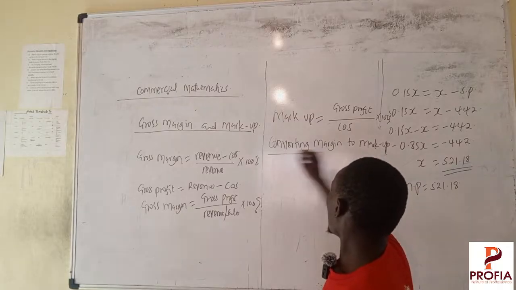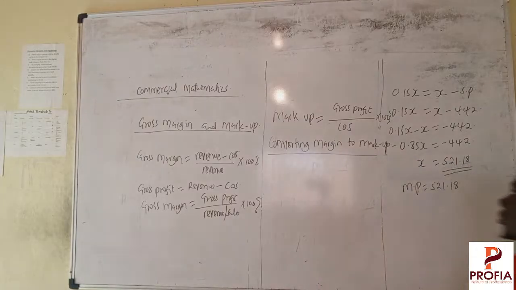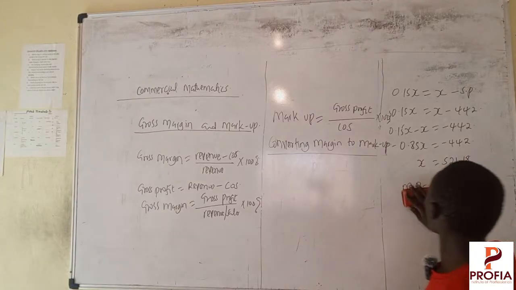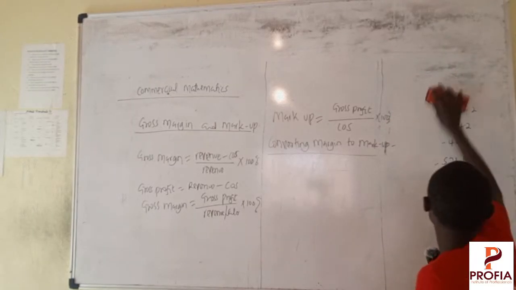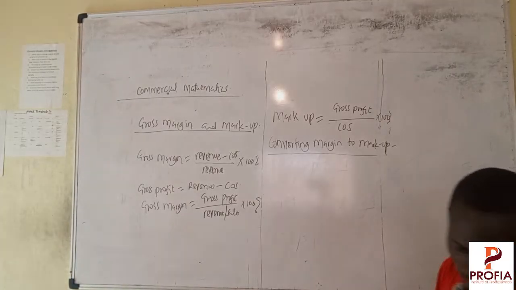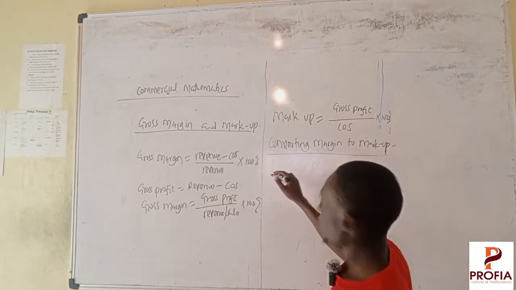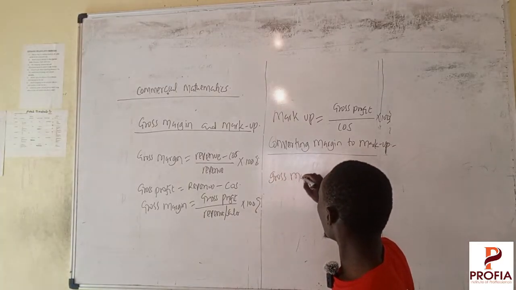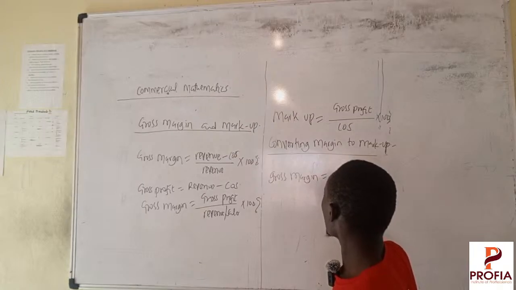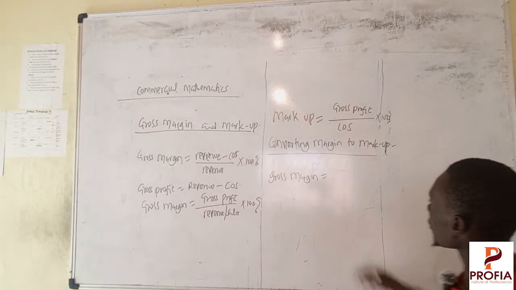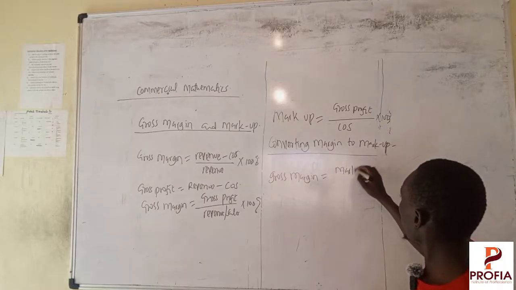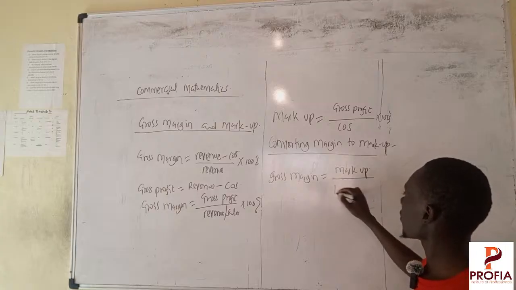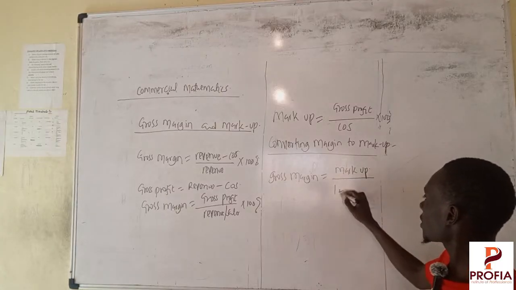Gross margin is equal to markup all over 1 plus markup.